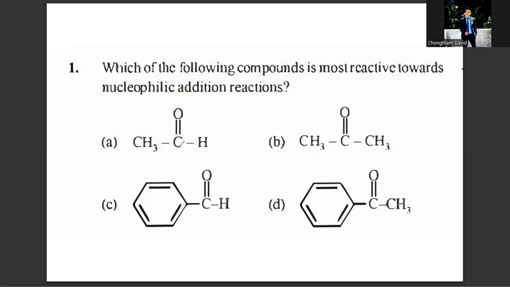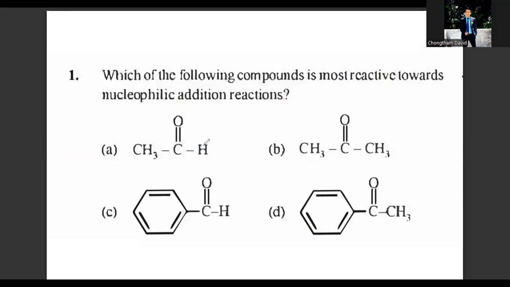You're given ethanaldehyde, propanone, acetone, benzaldehyde. Let us see which of these aldehydes and ketones will be most reactive towards nucleophilic addition reaction.